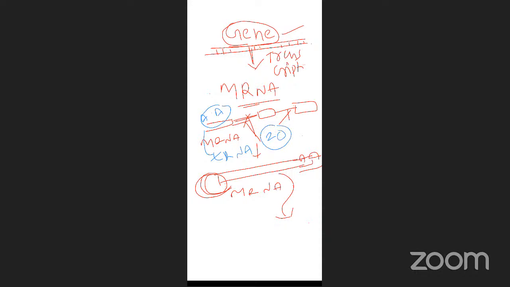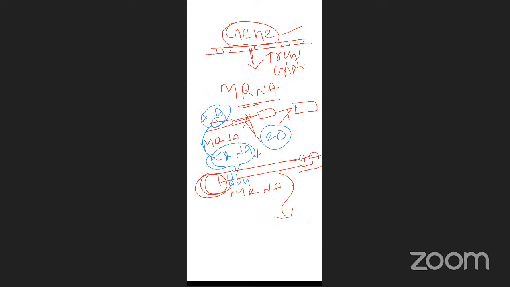For example, here is the AUG sequence. The AUG sequence codes for only one type of amino acid, for our better understanding amino acid 1. It is attached with tRNA and brought to this region.